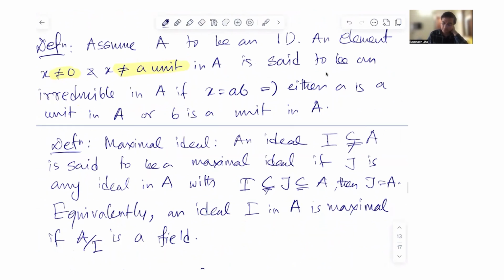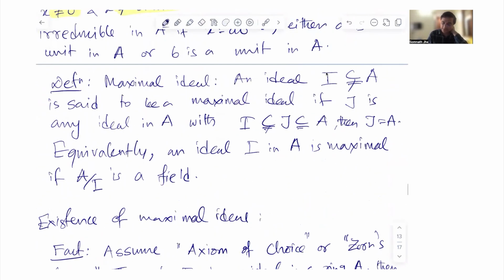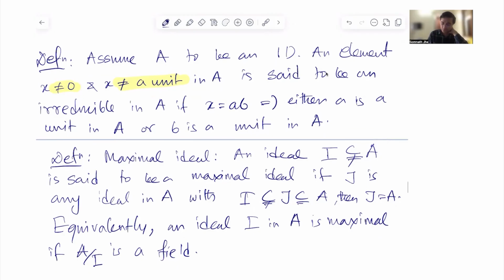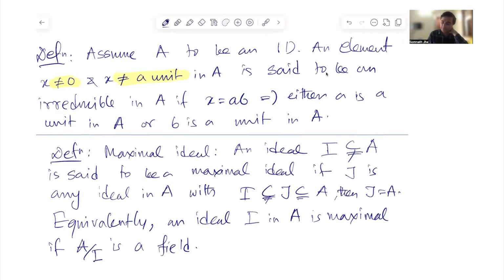Okay. So next is the concept of maximal ideal. This is the concept of irreducible; we'll see what the relation between them is, and we'll see lots of examples. Let me go through the definition first. An ideal is said to be a maximal ideal if it is maximal with respect to set-theoretic inclusion, meaning it is not contained in any bigger ideal.